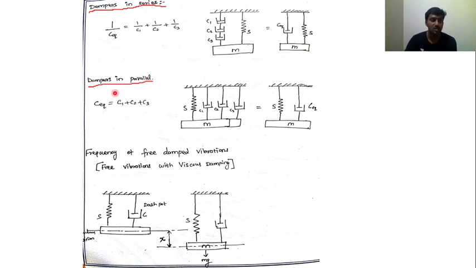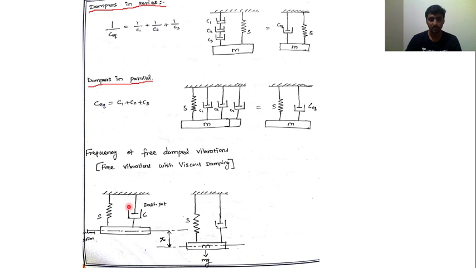When the dampers are connected in parallel, C equivalent is equal to C1 plus C2 plus C3. The parallel dampers have damping coefficients C1, C2 and C3, so we are adding the damping coefficients.